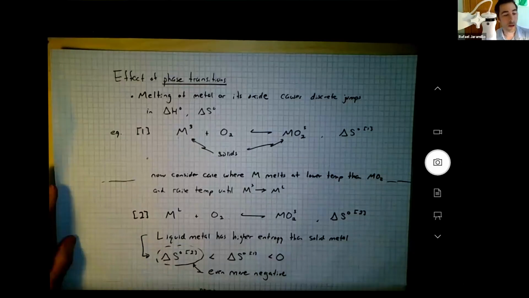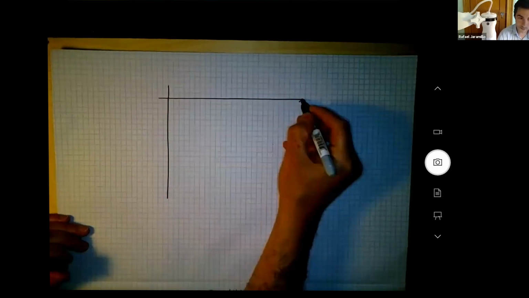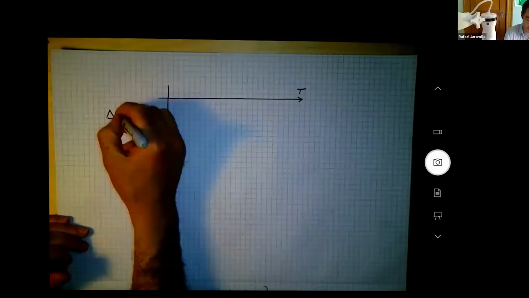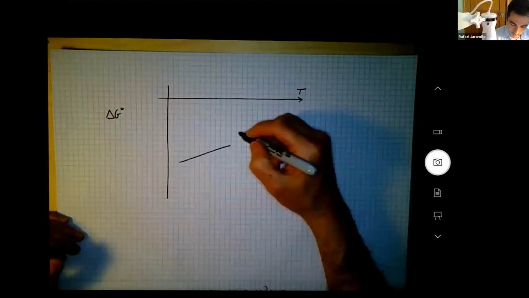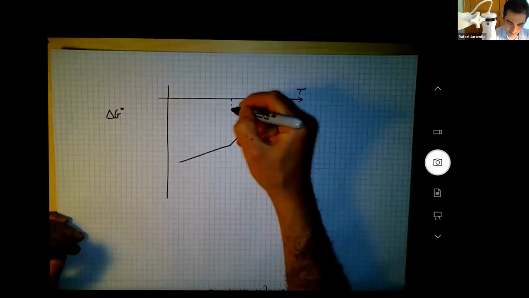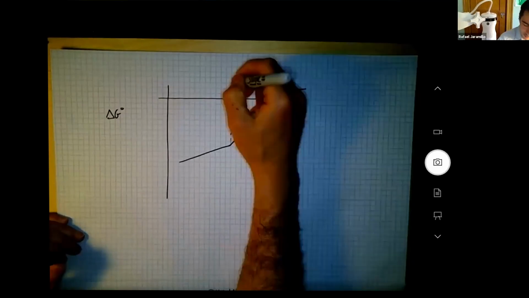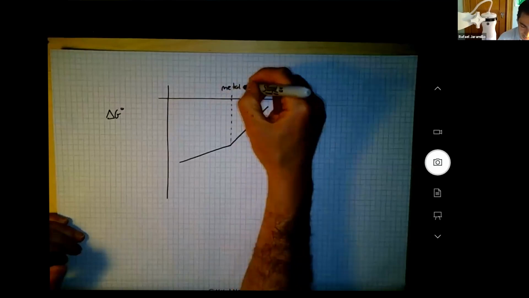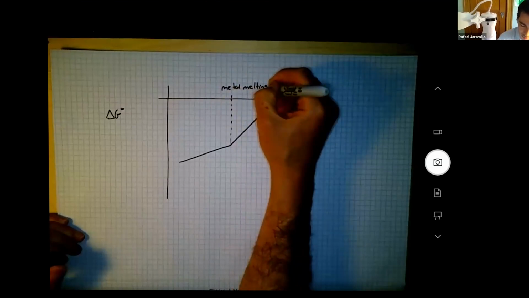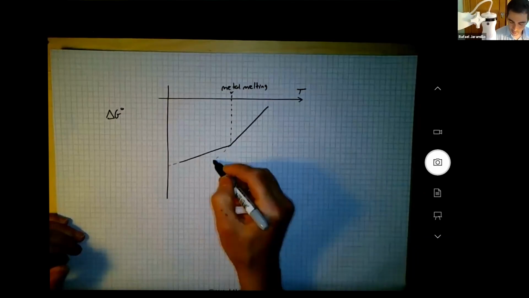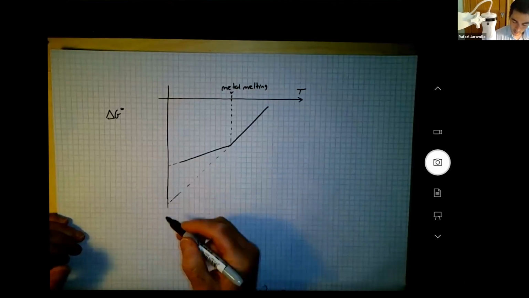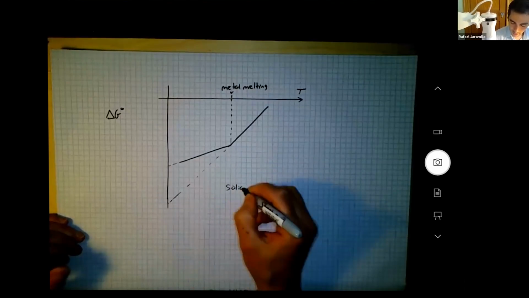On a plot, it looks as follows. Here's temperature. This is delta G naught. And we have a kink in the plot. The kink happens at the melting point. So here is metal melting at that temperature. The lower curve is a solid metal oxidation reaction.